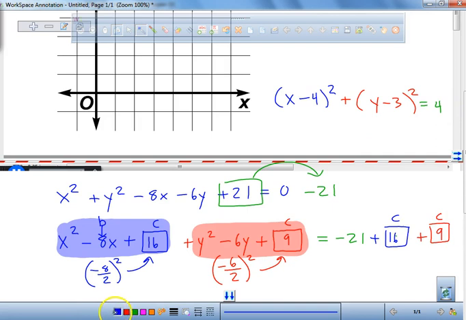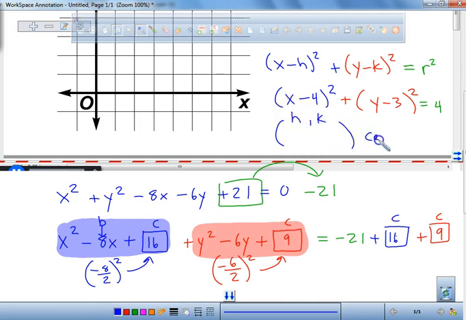So let's take a look at our standard equation. We have an x minus h squared plus y minus k squared. And what is that equal to, everybody? That's equal to an r squared. So what do h and k give us?